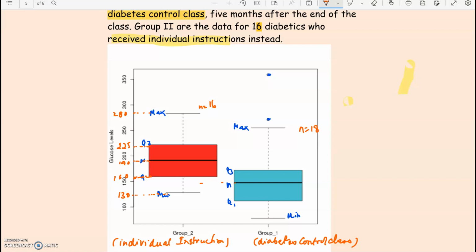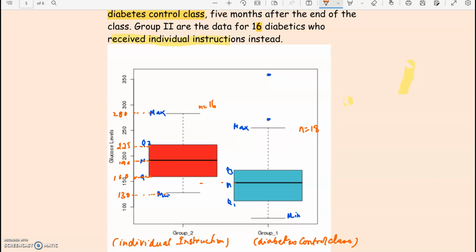Side-by-side box plots help us compare the two data sets, and clearly the box plot for group 1 is set lower than the box plot for group 2, which overall indicates that the diabetes levels for group 1 came down quite a bit as compared to group 2 that just got individual instruction.